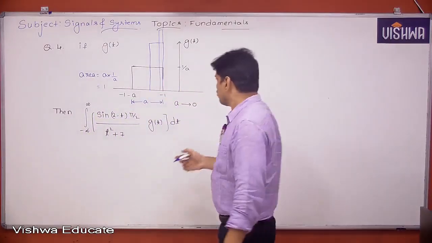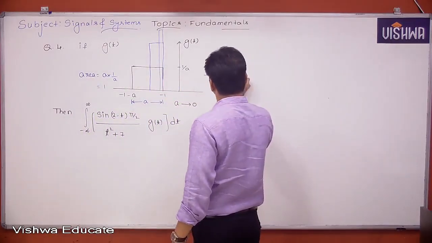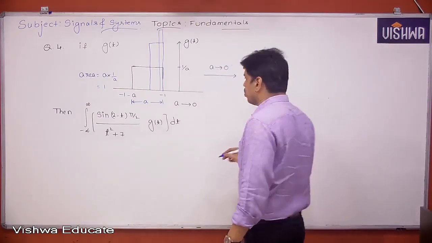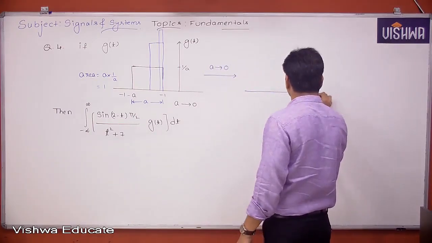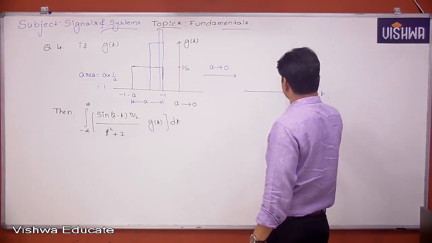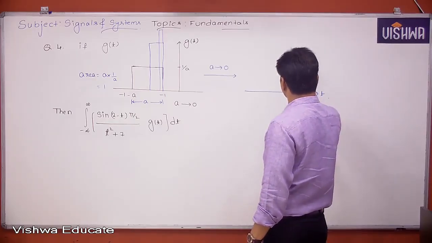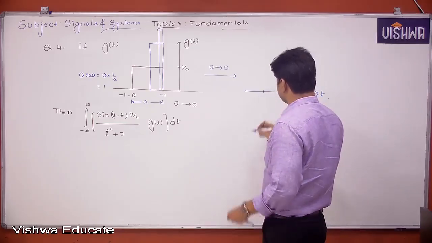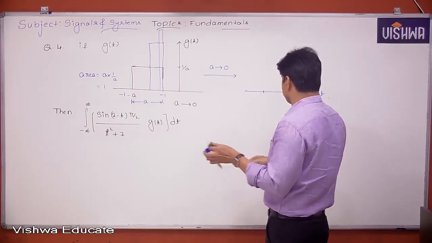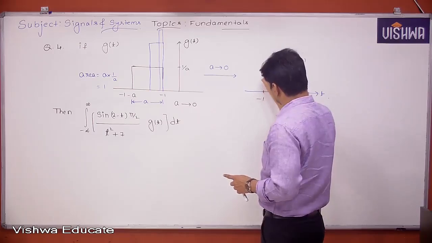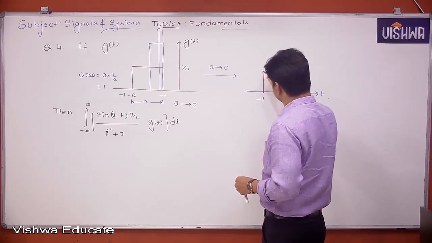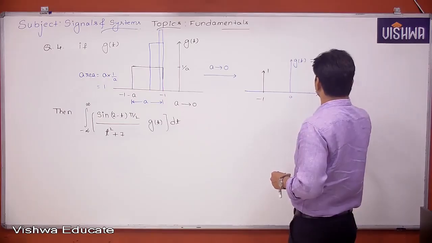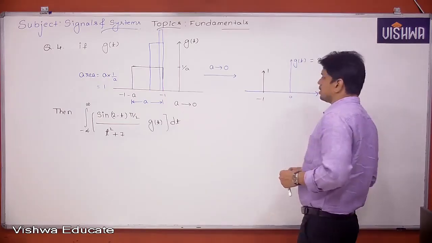That means finally if a tends to 0, we get an impulse function at minus 1, which is nothing but delta of t plus 1.